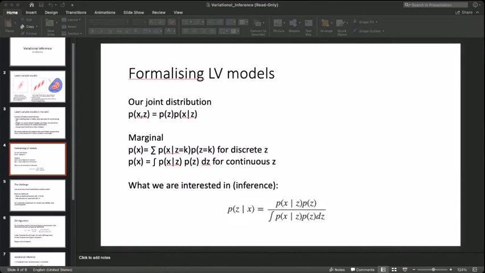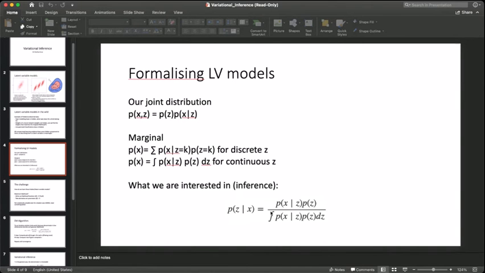Wait, say the derivation again? Yeah, so the numerator is p of x and z, which equals p of z times p of x given z. So you replace what the numerator currently is with p of x and z, and then you replace the denominator with its equivalent, which is p of x.